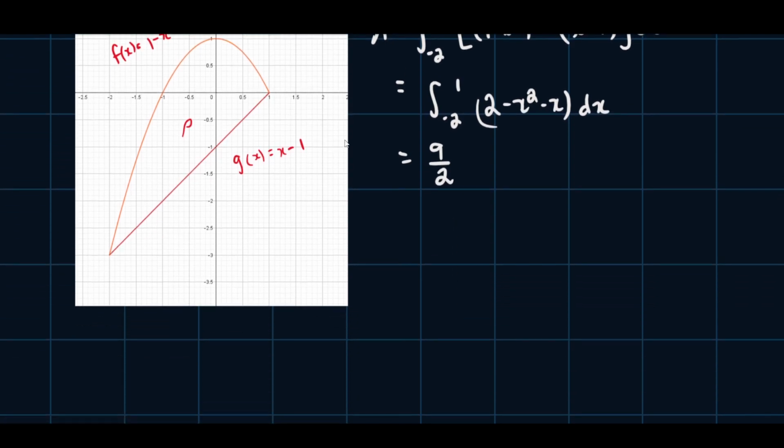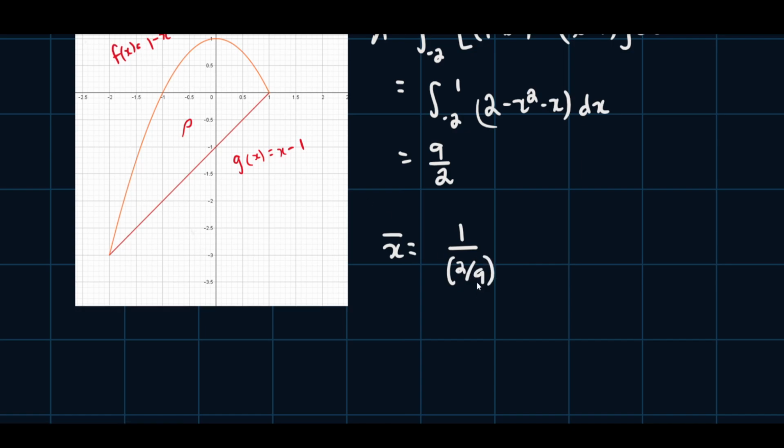Okay, so if we want to find x bar, or the x-coordinate of the centroid, this is equal to 1 over the area. Oops.